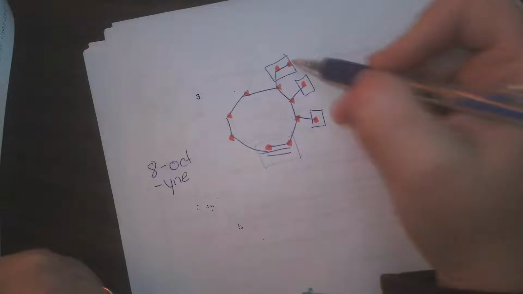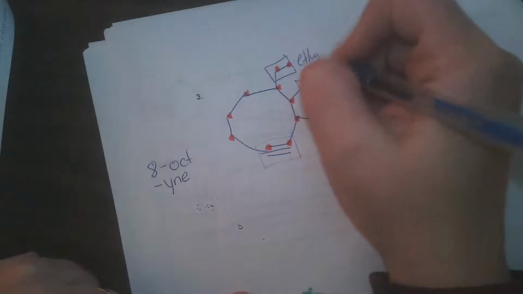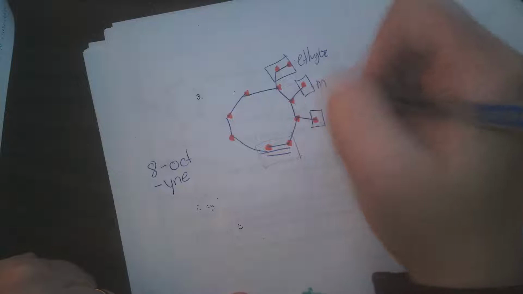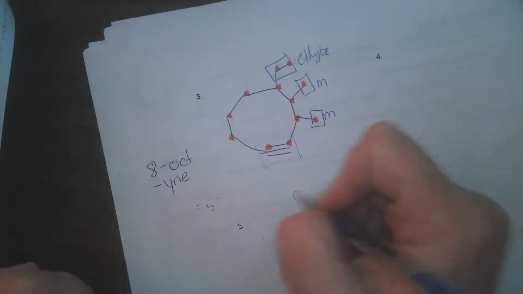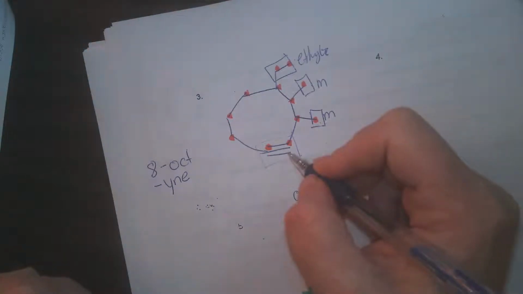So this group up top here we would call an ethyl, and these guys here, methyl. Okay, so we know that we have octine because there's a triple bond in there.